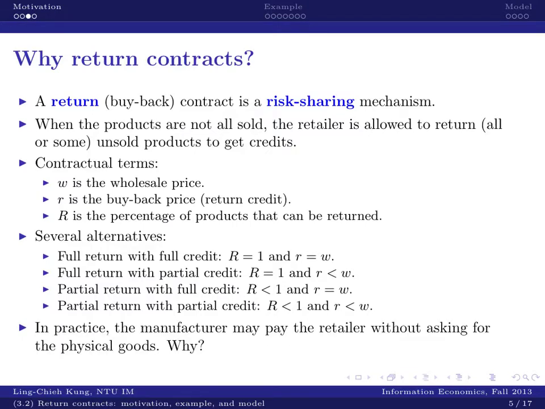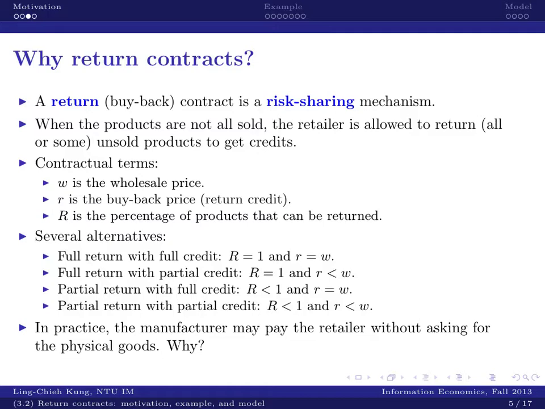So one thing I want to tell you is that in practice, the manufacturer may pay the retailer and not ask the retailer to ship those physical products back. Why do we have this situation? Why is the manufacturer so generous that he is giving the retailer free money without asking for any goods?